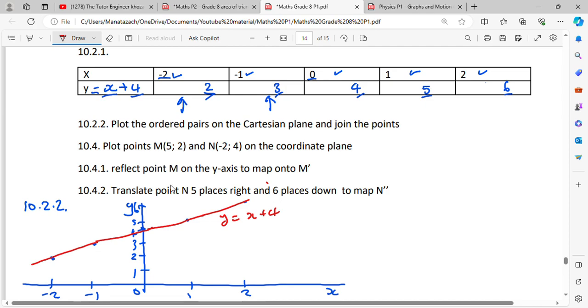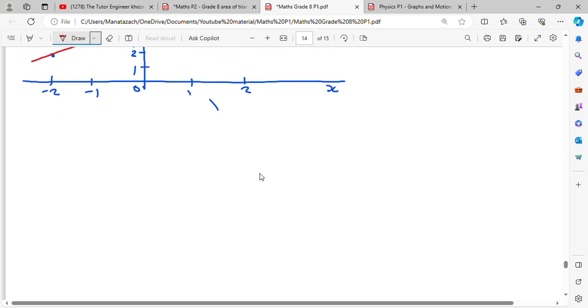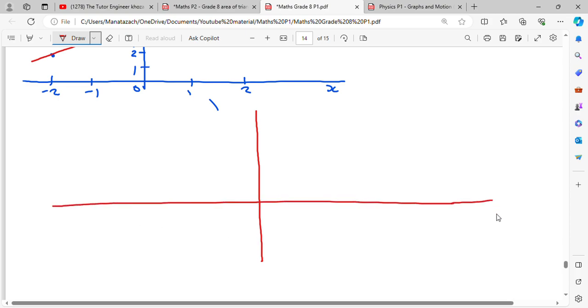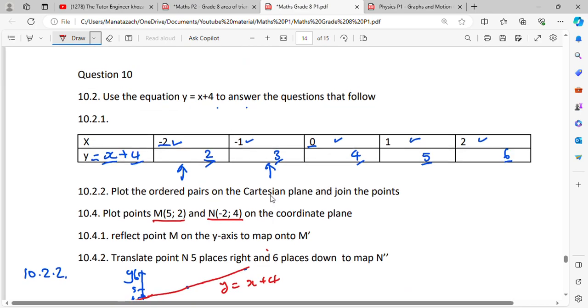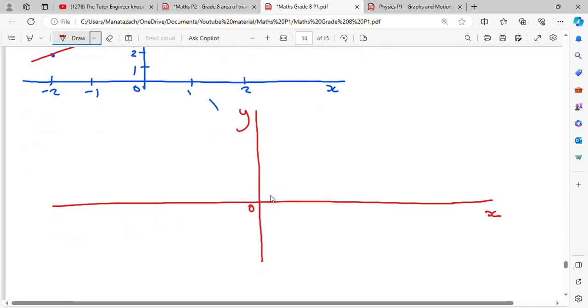Now let's move on to the next question. 10.4, plot the points M and N on the coordinate plane. Okay, let's draw a different plane of axes. So the first point is 5 and 2, which is point M. This is when x is 5 and then y is 2.